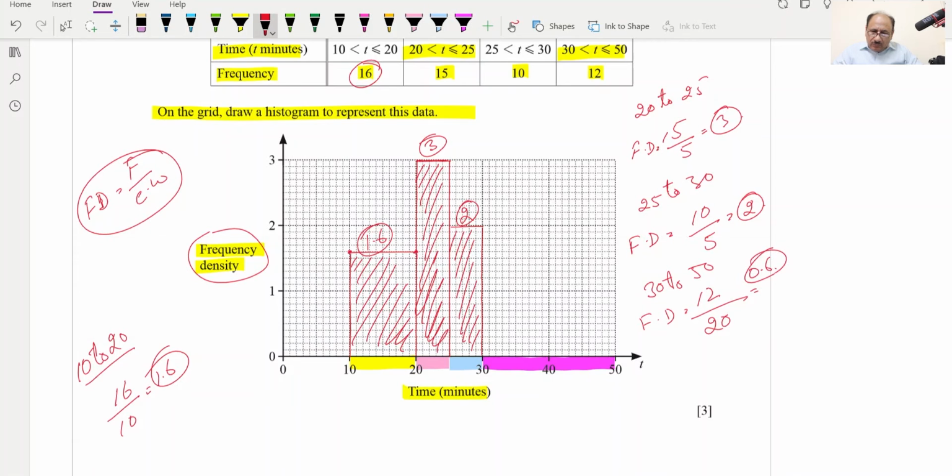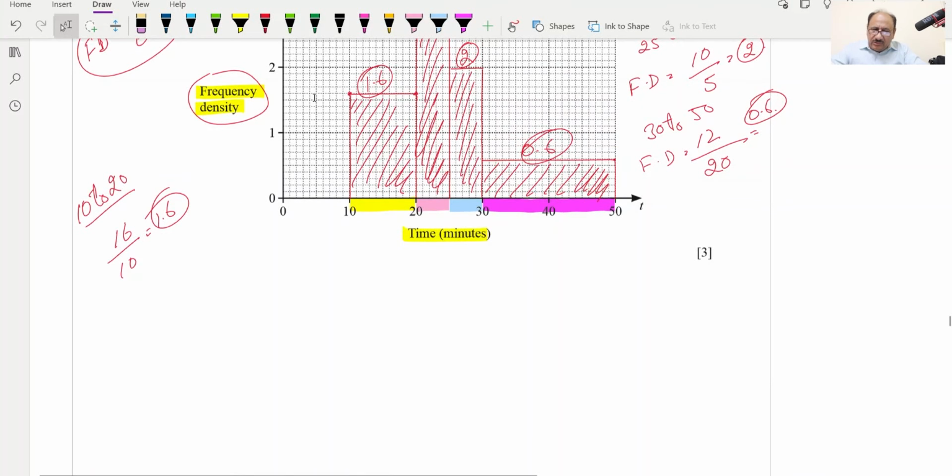We can take 0.6 height up to this point, and if we draw the histogram bar, this will be height 0.6, and this one will be the bar. This is done. Hopefully you understood each and everything. This was the 3 marks part which we are done.